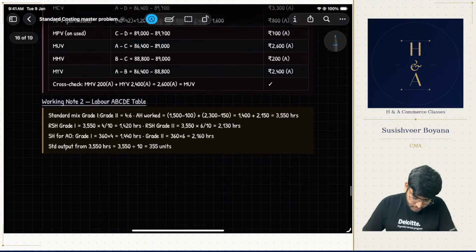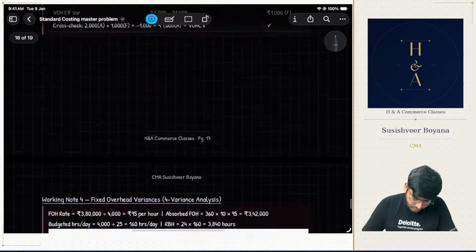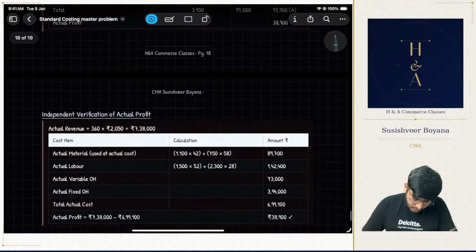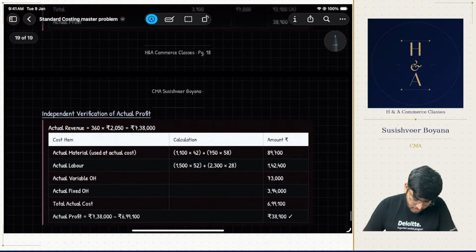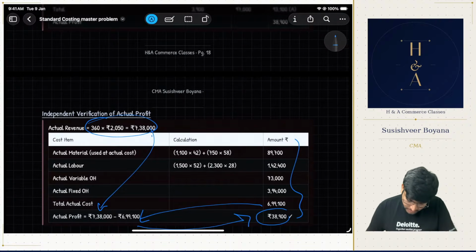If you look at the question, independent verification, actual revenue, total cost, actual profit, we get 38,900.